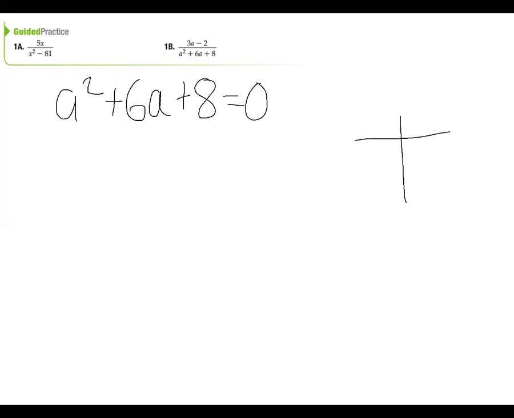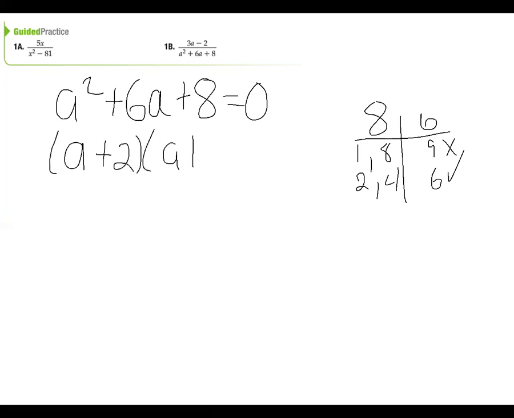Okay? Second one, a squared plus 6a plus 8 equals 0. Okay, I need factors of 8 that add to positive 6. So you could have 1 and 8. Those add to 9. You could have 2 and 4, and those add to 6. So those are the ones we want to use. So it'd be a plus 2 times a plus 4 equals 0.